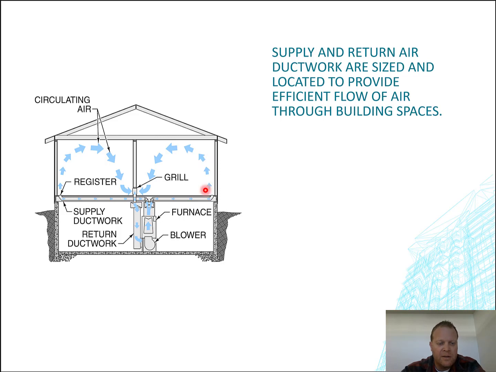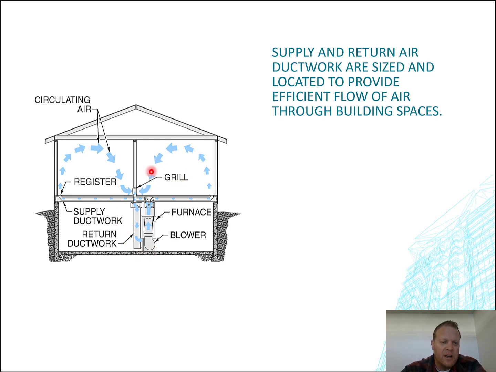It can be configured however you want, but in general the air is going to be ducted from the furnace to the outside wall and then get pulled back into the return ductwork, and then back to the furnace, and the blower's doing all that. The blower's both acting as positive pressure on this side and negative pressure on this side, to push air and create the negative pressure to pull air into that return air.